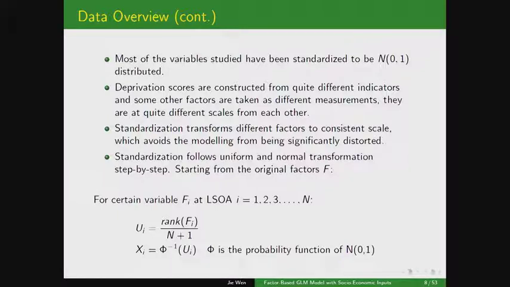Then, in the next stage, we transform the uniform variable back to a normal (0, 1) by putting it into the inverse function of the normal probability function. The x_i's here are then all normally distributed, and they all follow broadly a similar scale to each other.